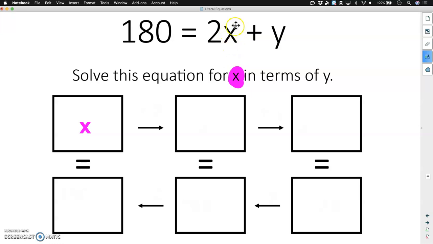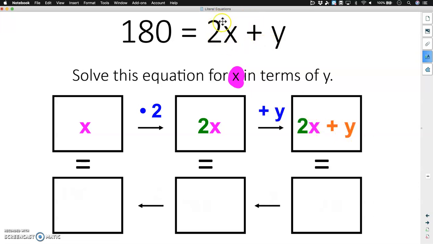Step 2 was to figure out what happened to x in this equation. So identify the operations that are happening to x right now. So x is getting multiplied by 2, and when we do that, we get 2x. Notice it's really starting to look like the equation. Well, what else happened to the 2x? Well, we added y to it, and we have 2x plus y.